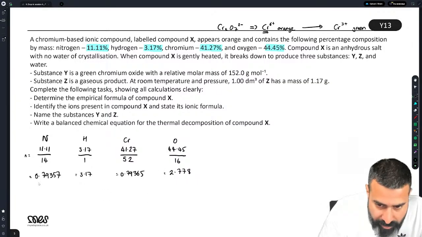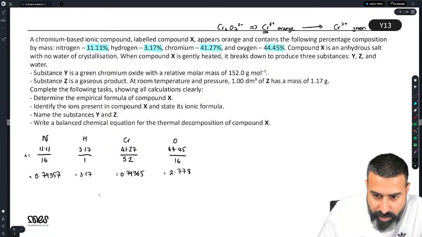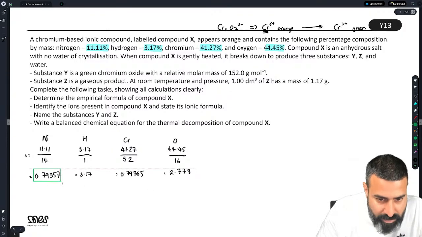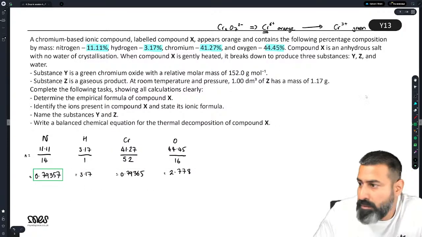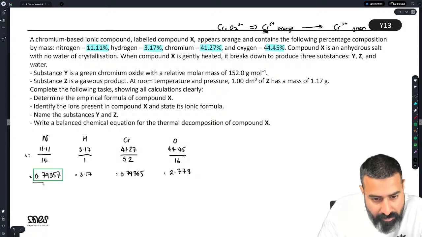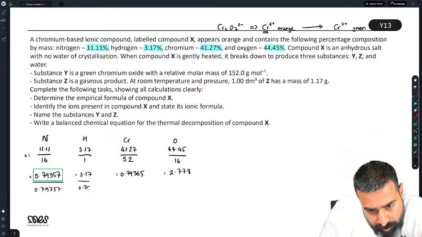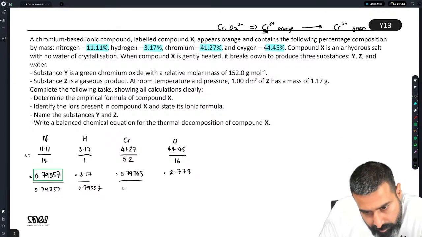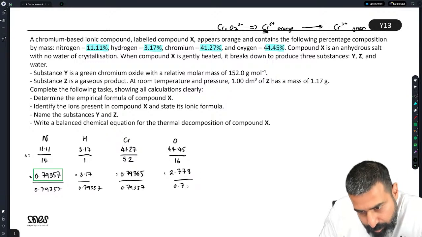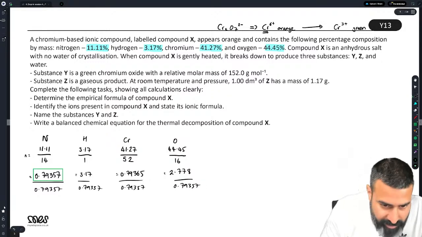So now what I'm going to do is divide by the smallest, and do we agree that the smallest is this one? So let's just divide everything by that. Bit boring, but show the examiner you know what you're doing.